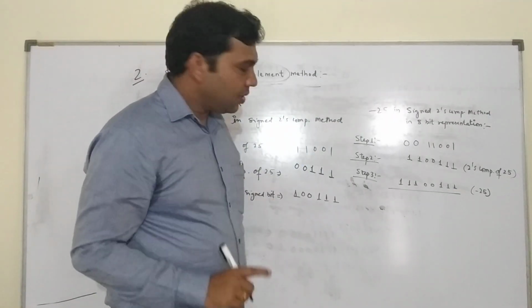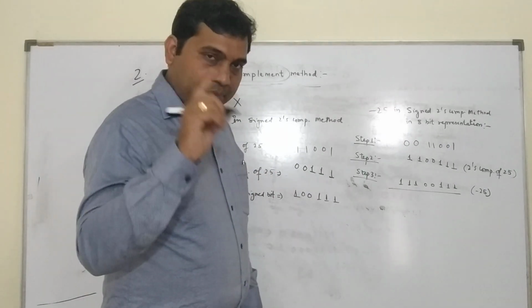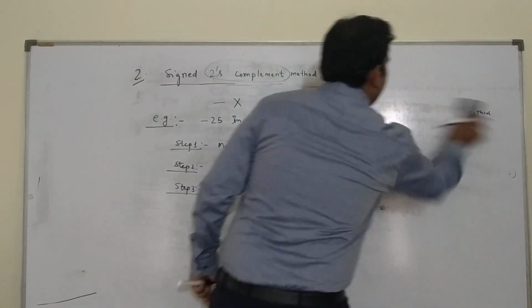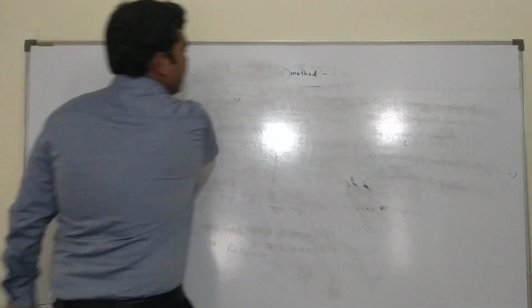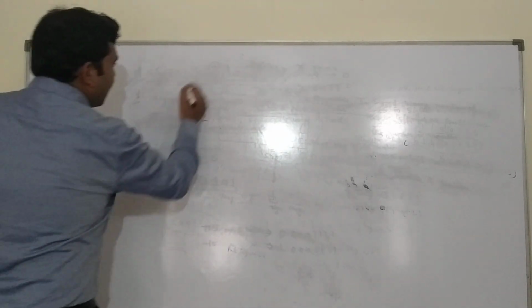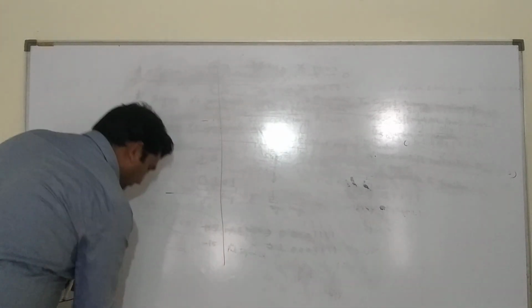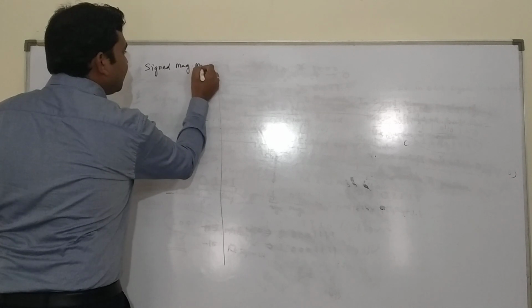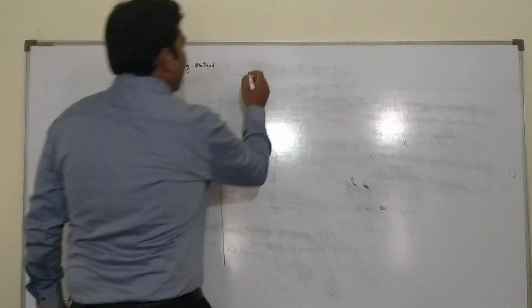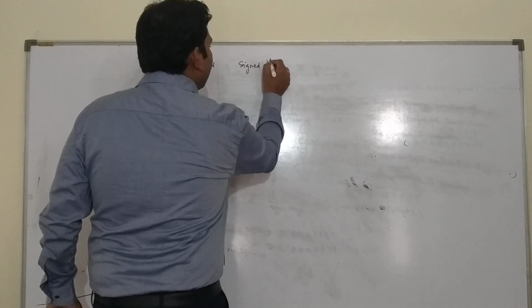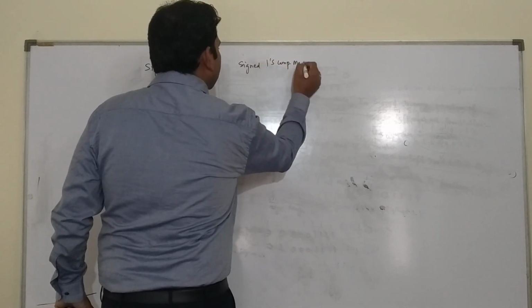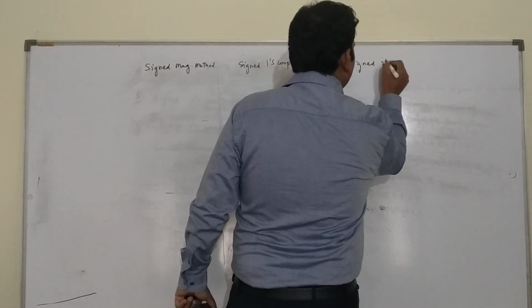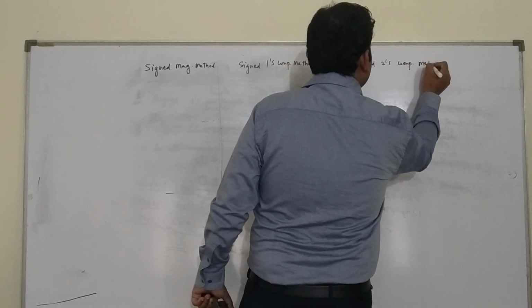Okay, let me tell you again. Let me take one example again for all the number systems. Let's say we have the signed magnitude method, the signed 1's complement method, and the signed 2's complement method.